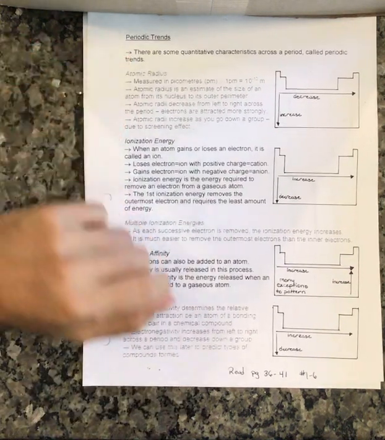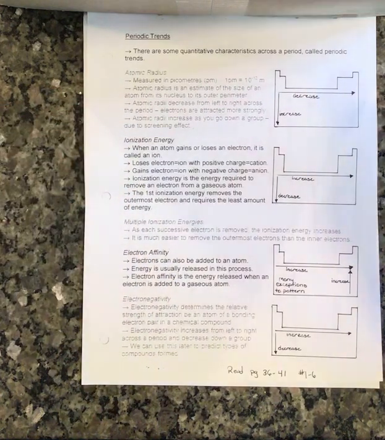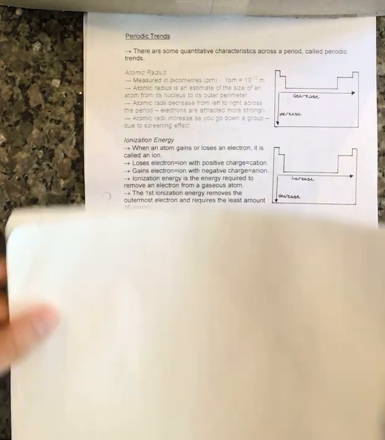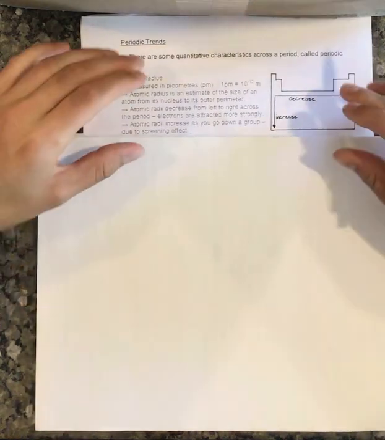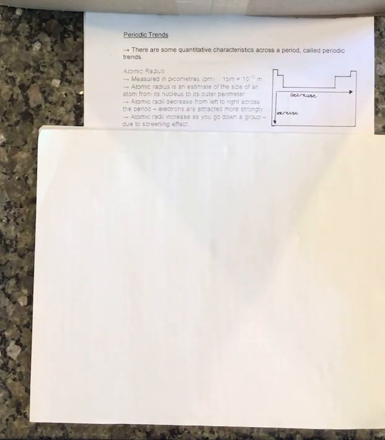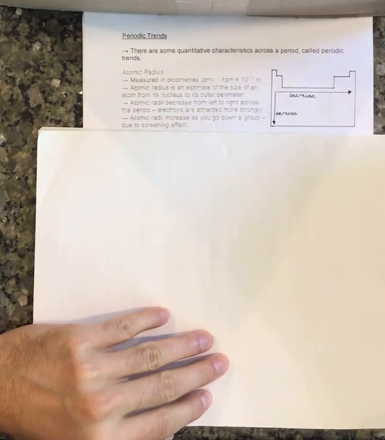The first one we're going to look at is something called atomic radius. In order for me to better explain it, I'm going to take a sheet of paper here to draw it, and I'll keep it like this. So, atomic radius. What is atomic radius?